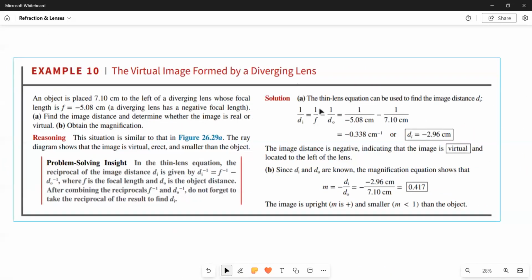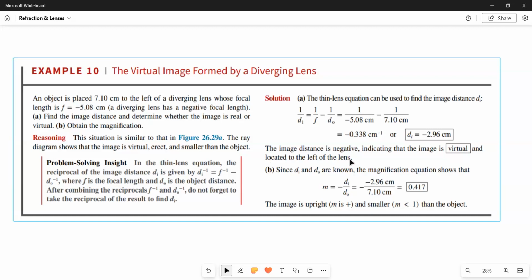Right, so you make use of your thin lens formula, and you get that the image distance is negative 2.96, which tells you that the image is virtual and is located to the left of the lens.